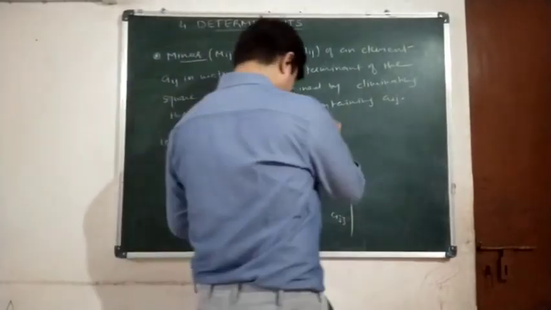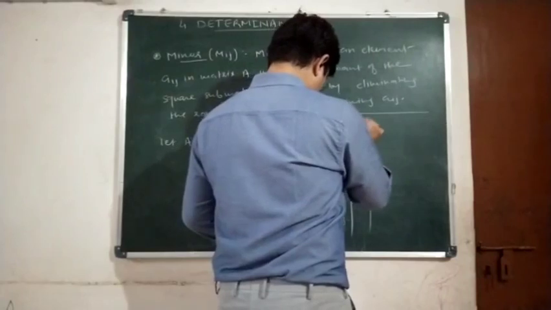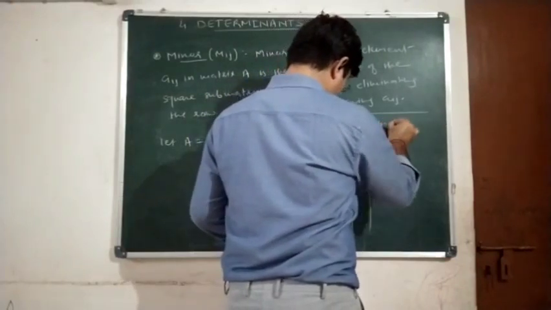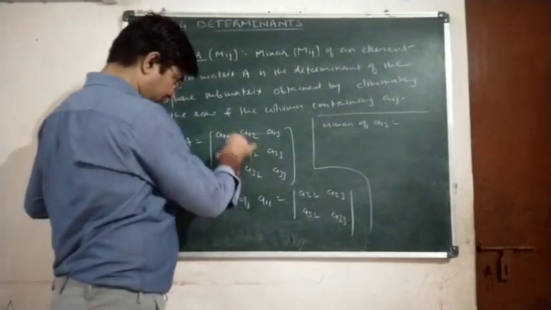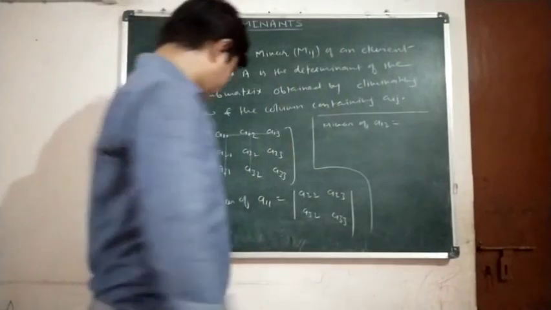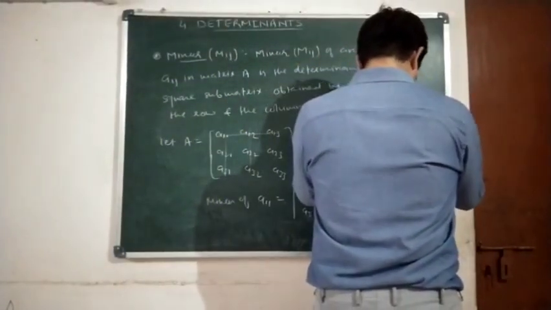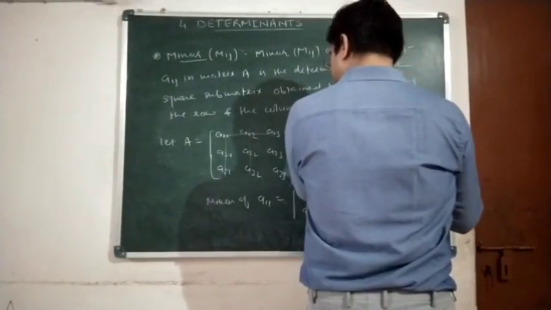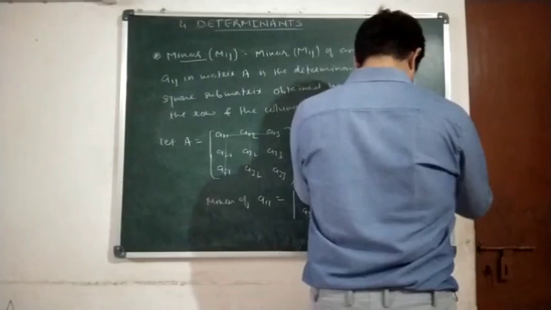Now similarly, minor of A12 can be obtained by deleting the row and the column containing A12, and the determinant obtained is A21, A23, A31, A33.